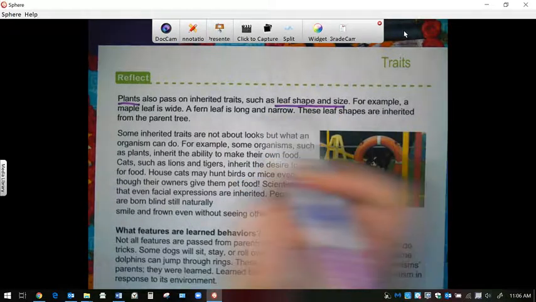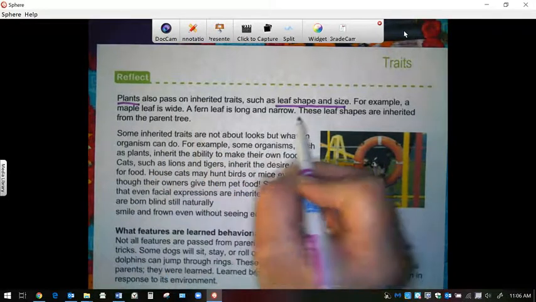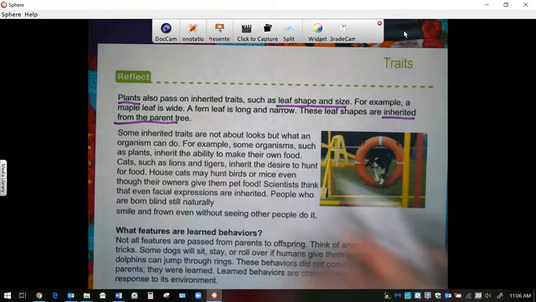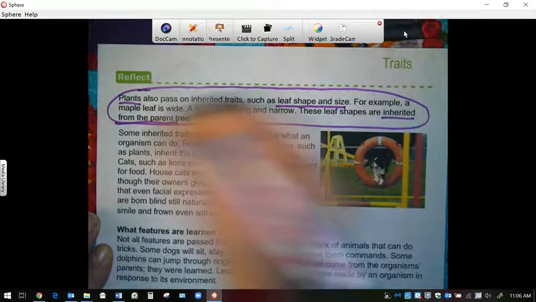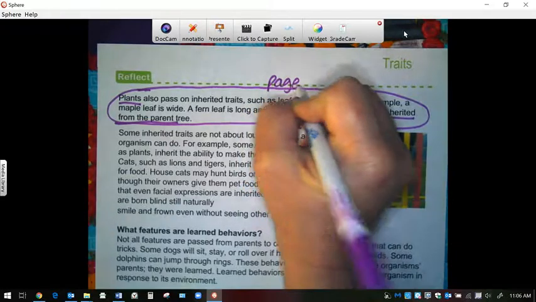For example, a maple leaf is wide, a fern leaf is long and narrow. These leaf shapes are inherited from their parent tree. This paragraph is still on page 83.